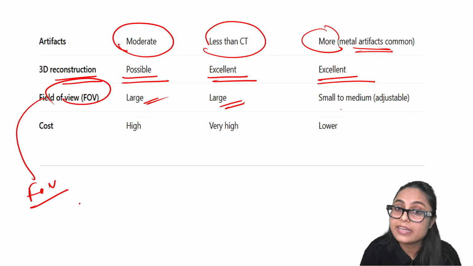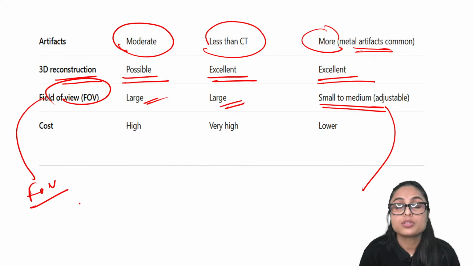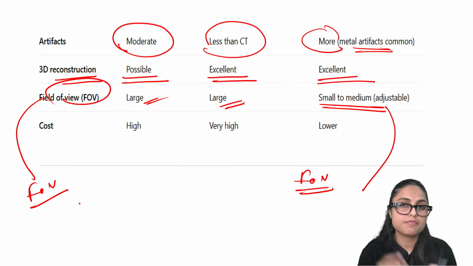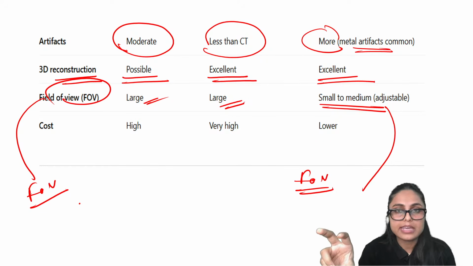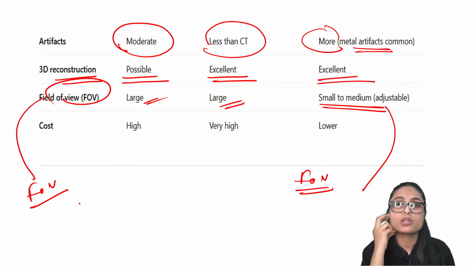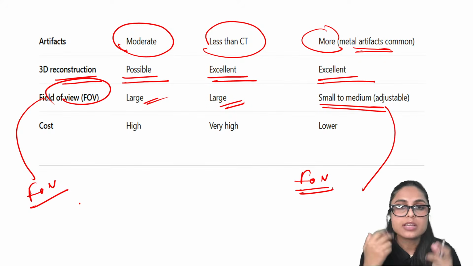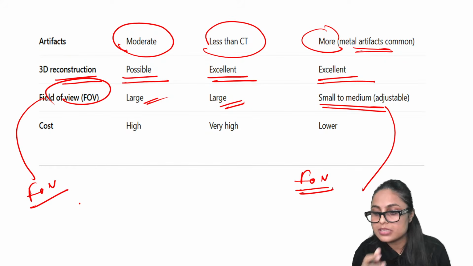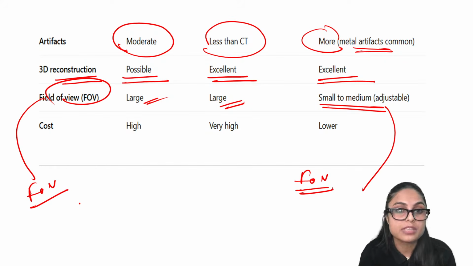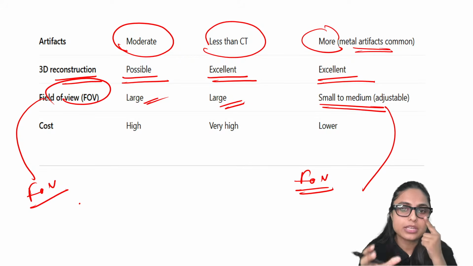MDCT is also large, but in CBCT we get to select the FOV based on the region of interest. If you want a single tooth, you can select the FOV accordingly. If you want a quadrant, you can select the FOV accordingly, then arch and then skull. So in CBCT we get to select different FOVs according to the region of interest.